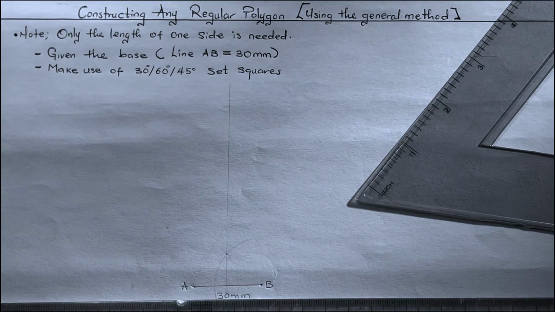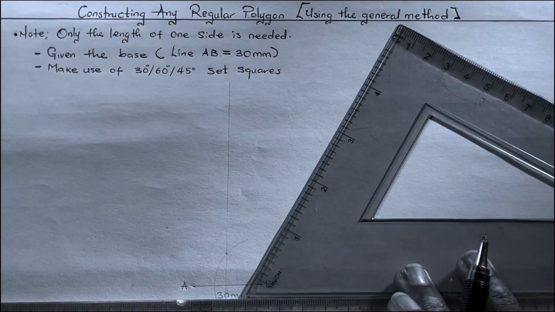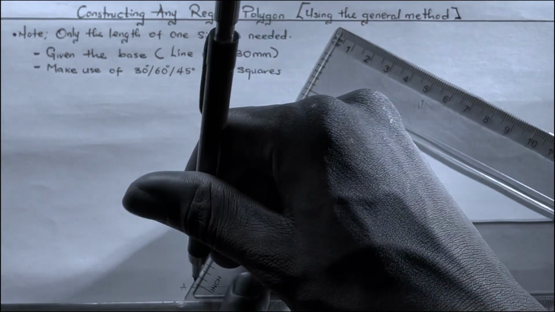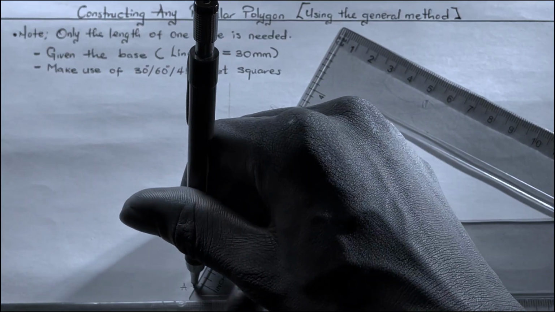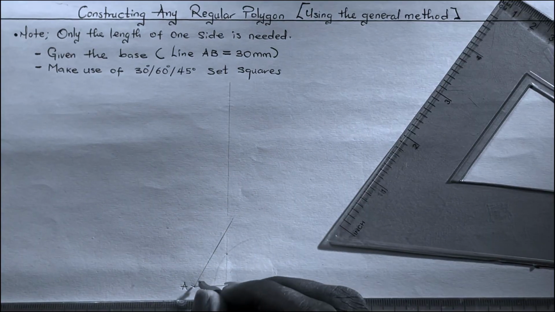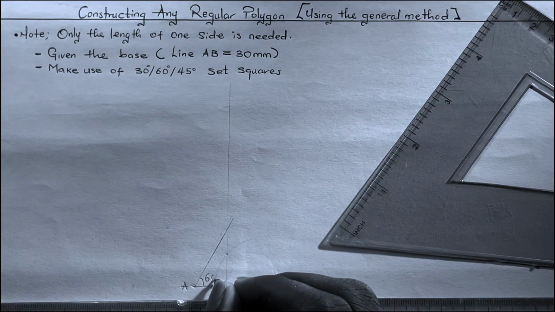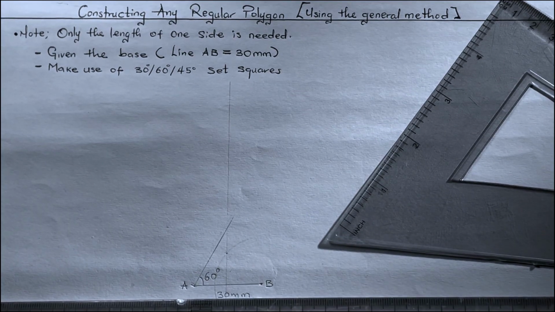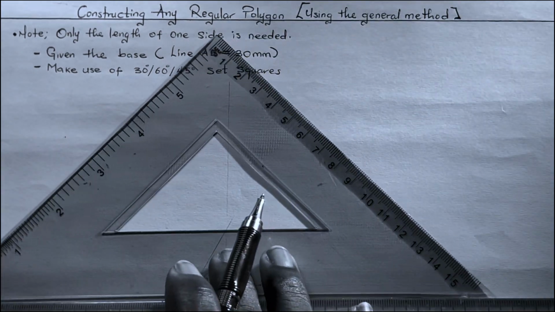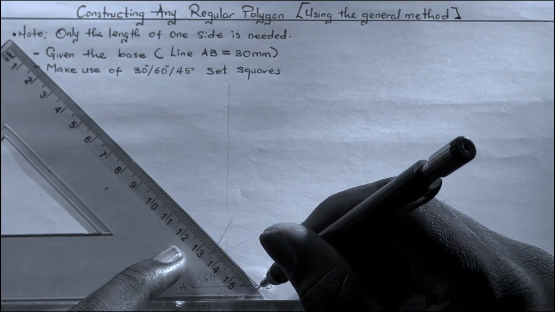So the next thing to do after bisecting our line AB, which is 30 millimeters, is to construct an angle of 60 degrees at point A to touch the perpendicular line to AB. So we have this to be 60 degrees, and on the other side, which is point B, we construct an angle of 45 degrees using a 45-degree set square.